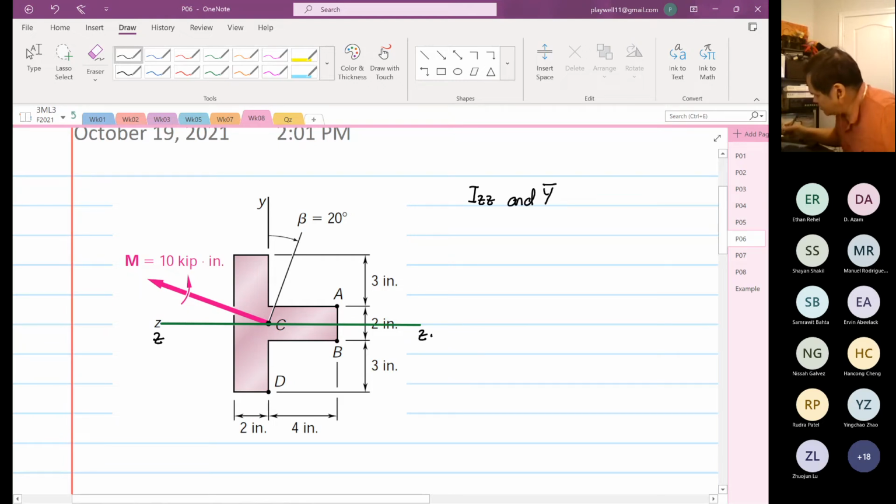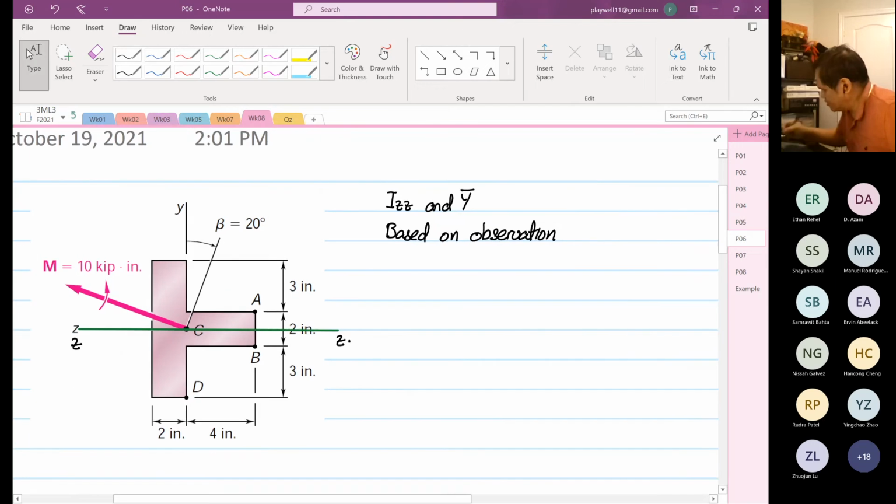Based on observation. Observation of what? Of area, right? We realize that the top area over here, Eugene, come on.